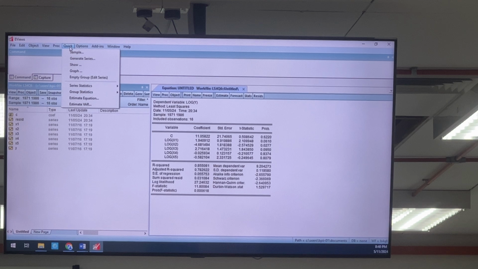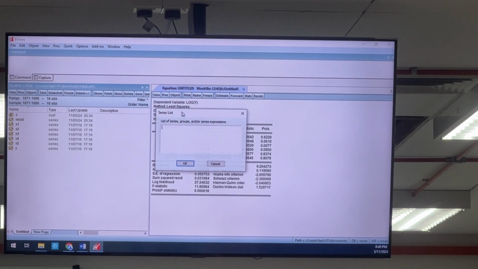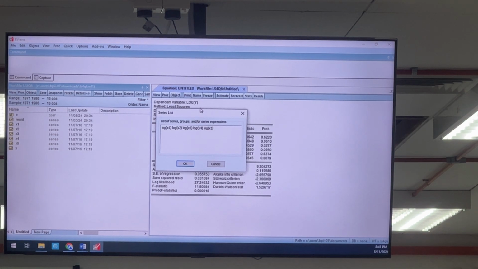You go to Quick, Group Statistics, and Correlations. So you just type log x1. In this one, because we are using logs, you have to inspect the correlation between log x1, log x2, log x3, log x4, log x5, not the original values of x.